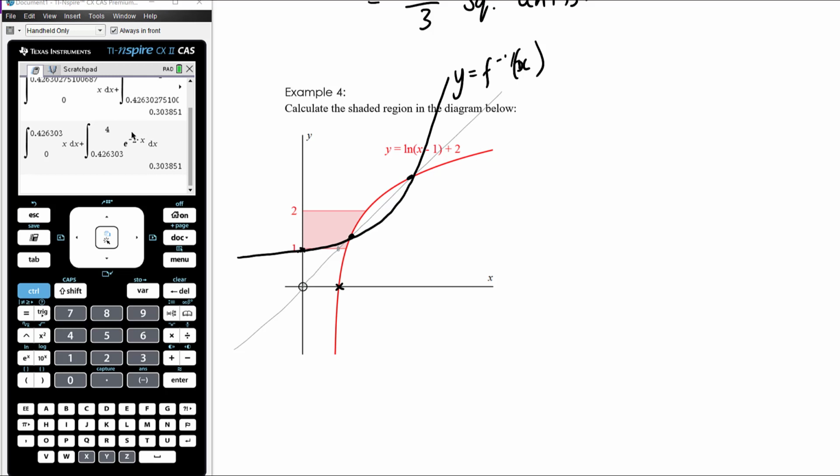So what we know though is the inverse function is all about switching x and y. So if this is the line y equals 2 and this is the line y equals 1, if we want to find the same area with the inverse function, we're going to look at when x equals 2 and when x equals 1.